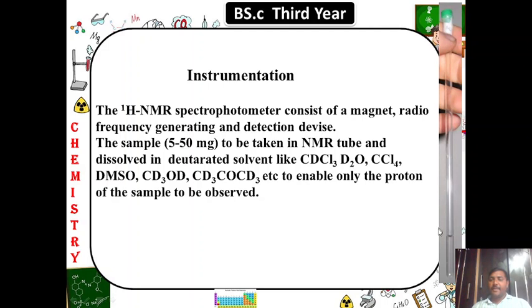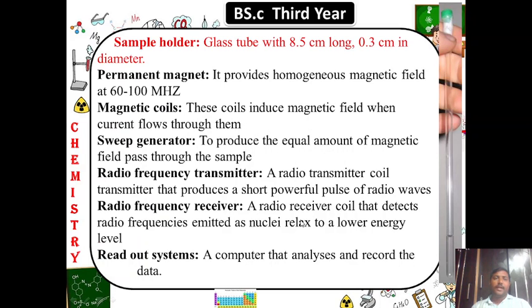This is an NMR tube, in which we add the sample. This NMR tube is kept inside the magnet up to here, and the spectrum is recorded. This is the sample holder, a glass tube 8.5 centimeter long and 0.3 centimeter in diameter.